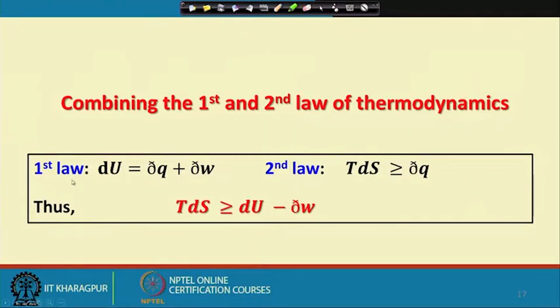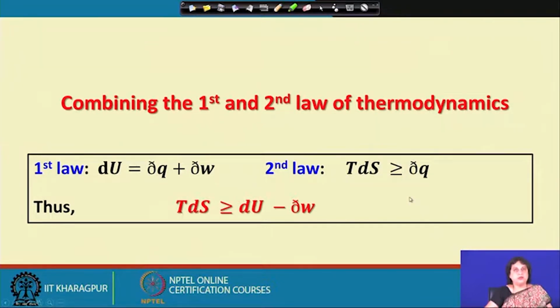And this actually has been arrived at by combining the first and the second law of thermodynamics. In the first law, the mathematical statement is dU for an infinitesimal process is a summation of dq and dw, and TdS is greater than or equal to dq, and this is just another way of writing the Clausius inequality.